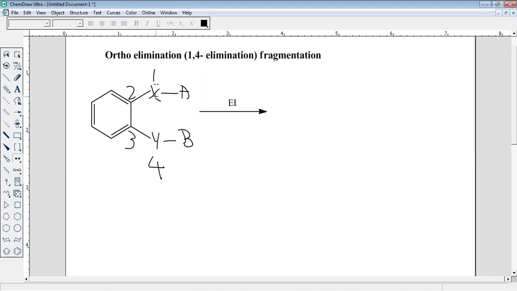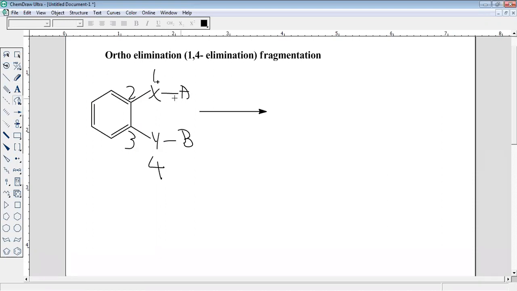What is happening is, when we do electron impact, first of all this electron will be lost, and we get it like this. This is the molecular ion peak, so no need to write this now. We are directly using the molecular ion peak here. This is carbon atom number 1, 2, 3, 4. So what will happen in the mass spectrometry?